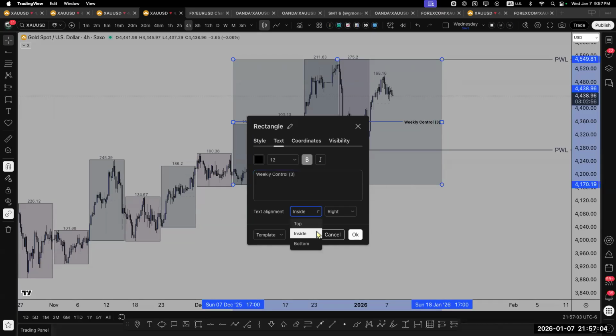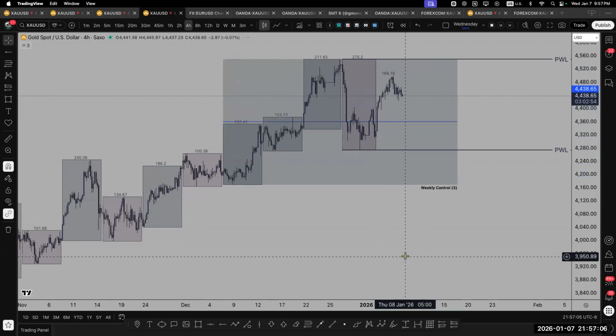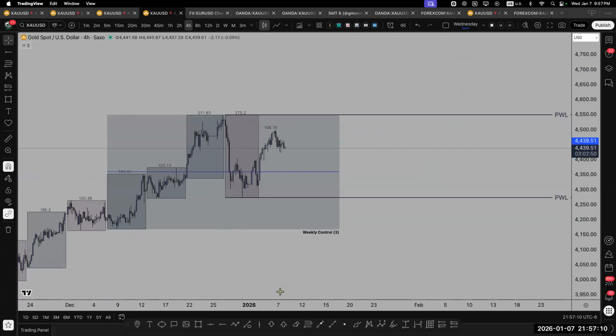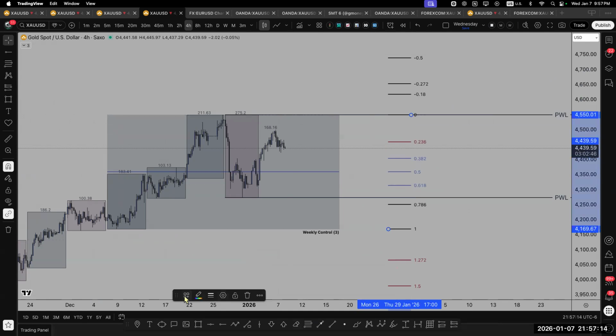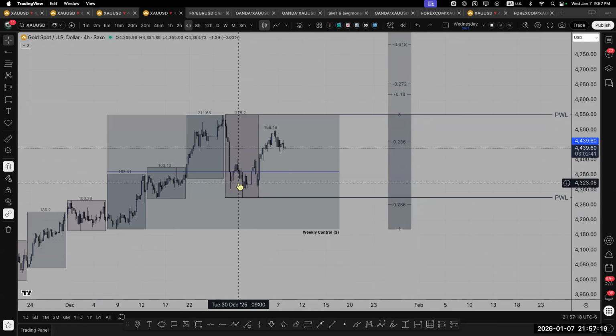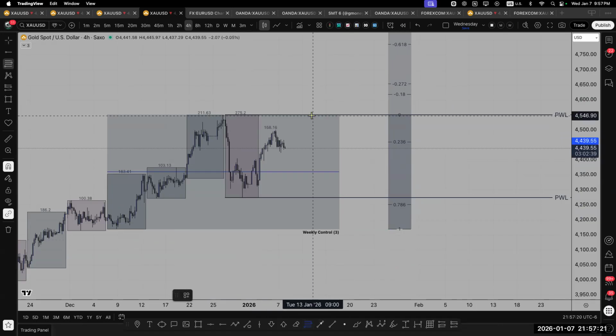Okay. So I'll draw 2 fibs. I'll draw a fib on these 3 consecutive candles. Boom. Previous week. And then I'll draw a fib on the actual previous weekly candlestick, right here.